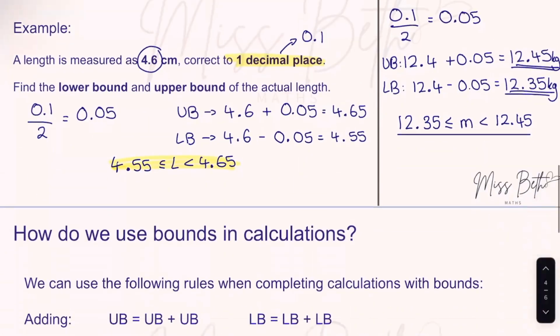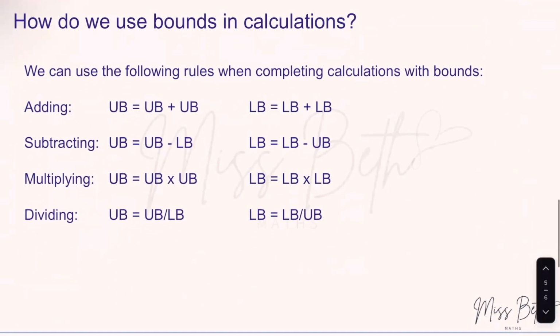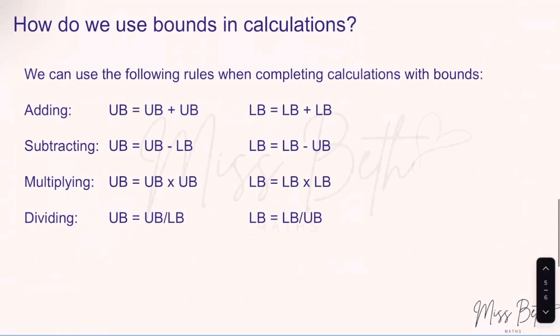So how do we use bounds in calculations? Here are some quick, easy rules to remember. This might look really confusing, but I promise you it's not. When you're adding, to find the upper bound, you simply add the upper bounds together. The same for the lower bound, you just focus on adding the lower bounds.